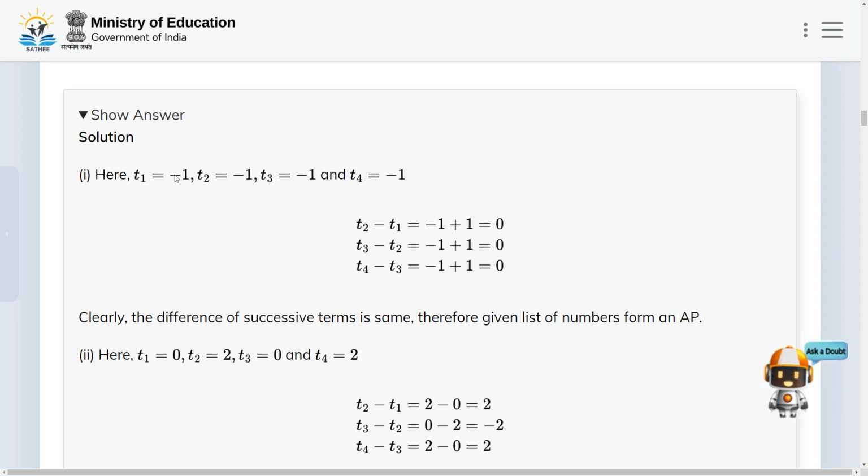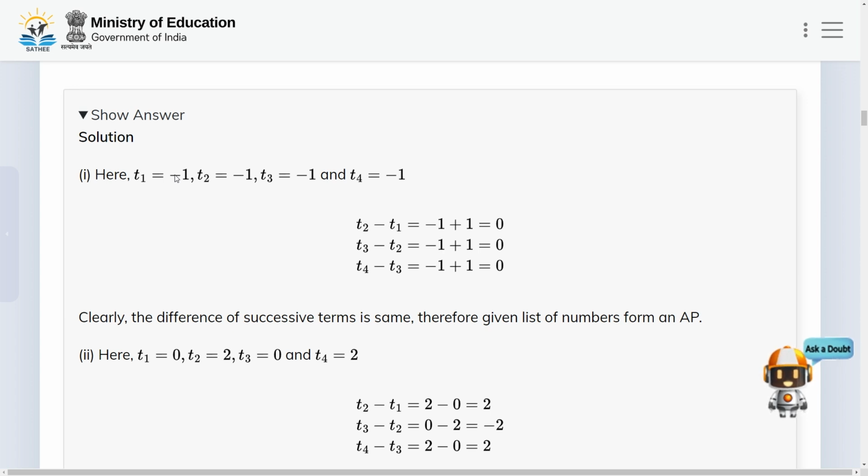T3 minus T2 is also minus 1 plus 1, which is equal to 0. And T4 minus T3 is minus 1 plus 1, which is equal to 0.